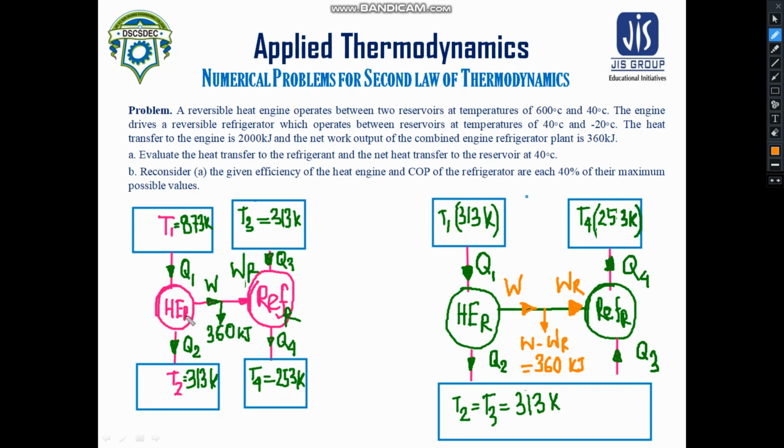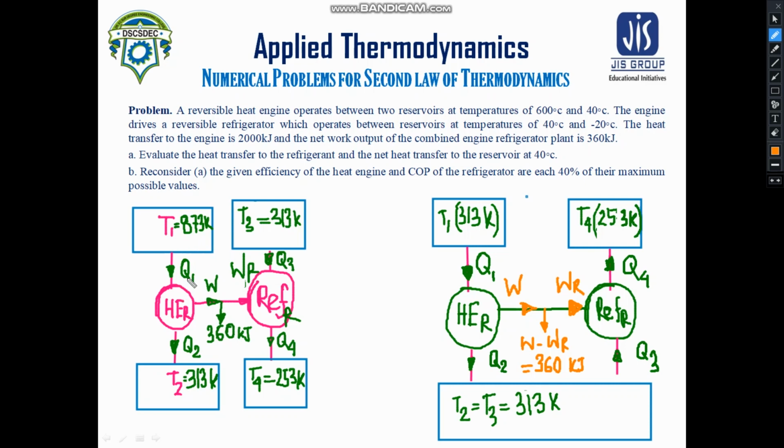This R suffix indicates the reversible heat engine, and you can see this is your temperature. This is your 600 degrees Celsius. I have just converted it into kelvins.